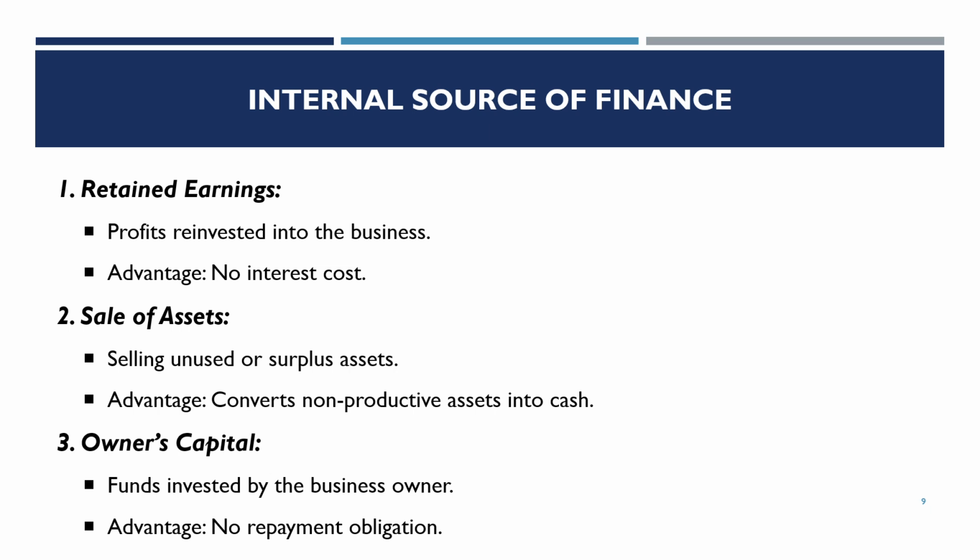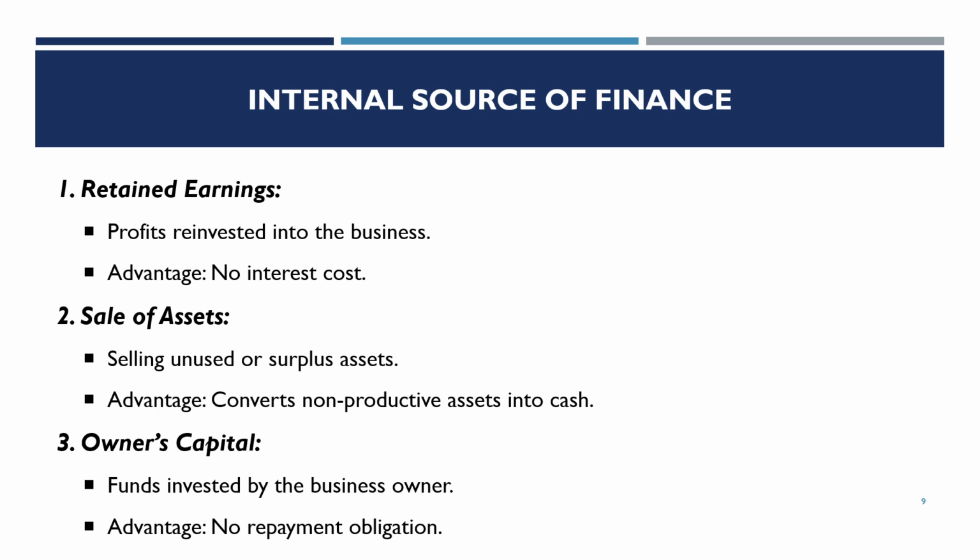The first internal source is called retained earnings. Retained earnings means getting profits from the business and reinvesting the same profit into the business. This is one of the internal sources of finance. If you have a business and you are getting profit, some part of that profit you reinvest for the expansion or running of the business.